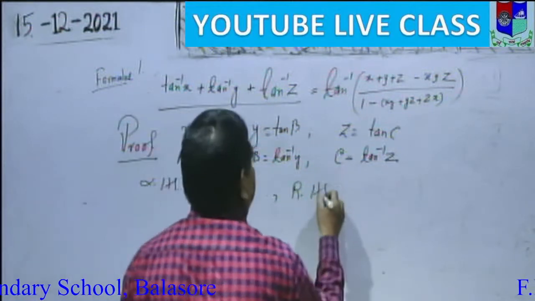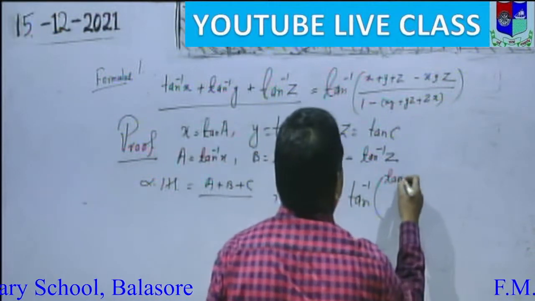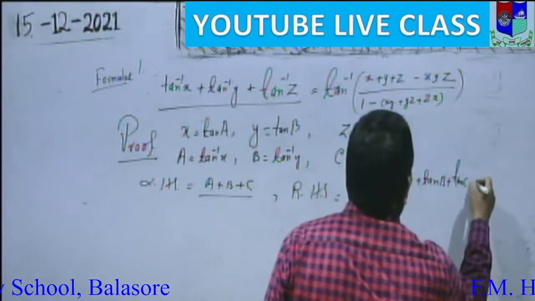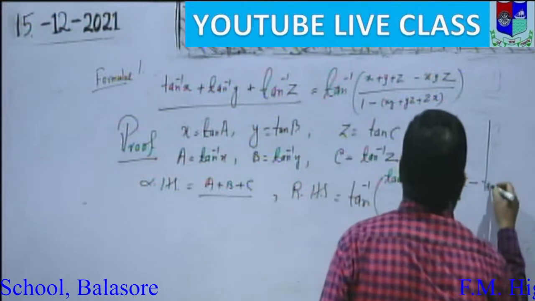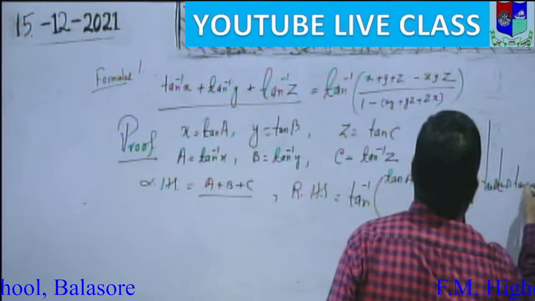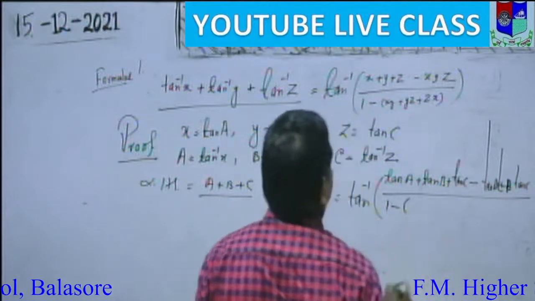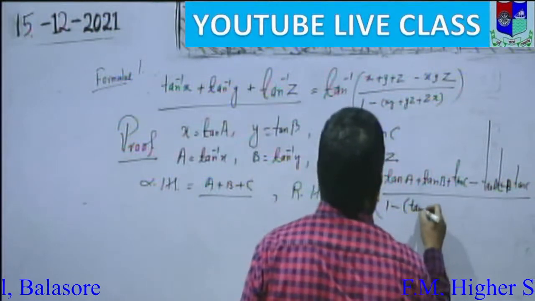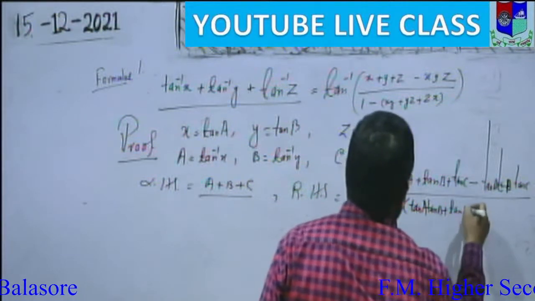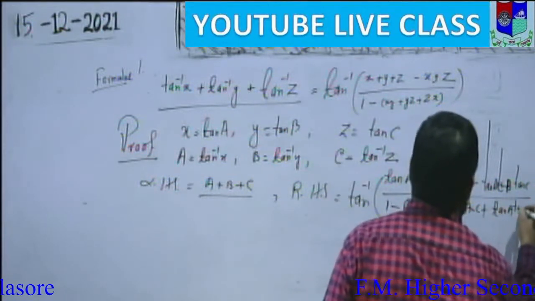Now on your right hand side, tan inverse x is tan a, plus tan b, plus tan c, minus tan a into tan b into tan c, divided by 1 minus tan a tan b, plus tan b tan c, plus tan a tan c.